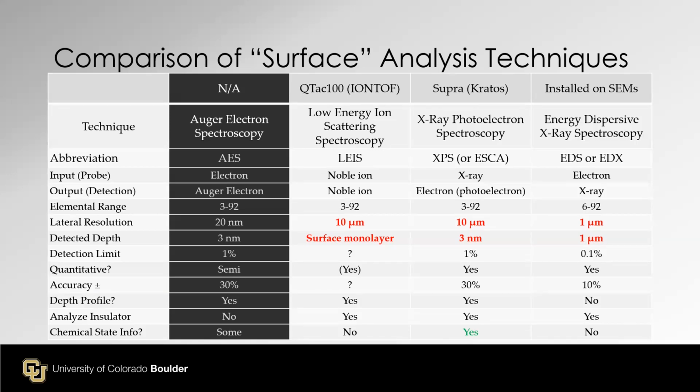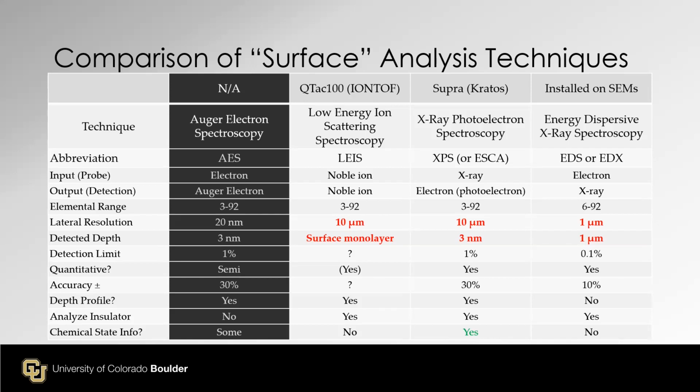So for Auger, AES, input is electron beam. Typically a few keV up to 10 keV, that's the impression I had. I have never used AES in person, so I'm not too familiar with this technique.